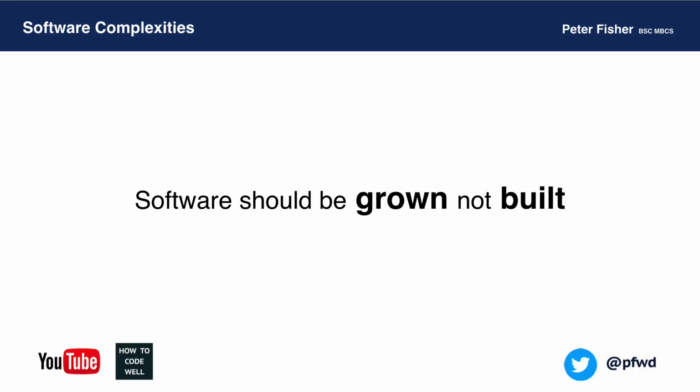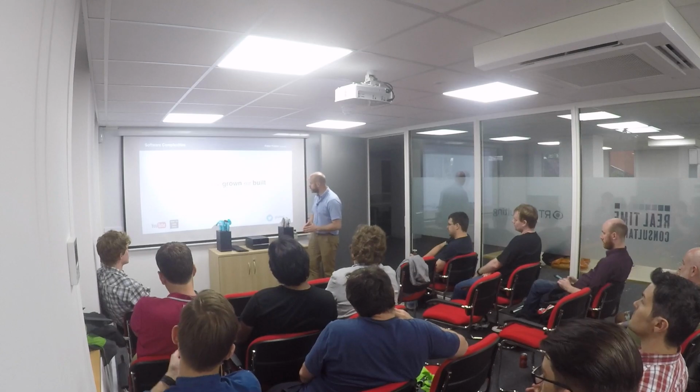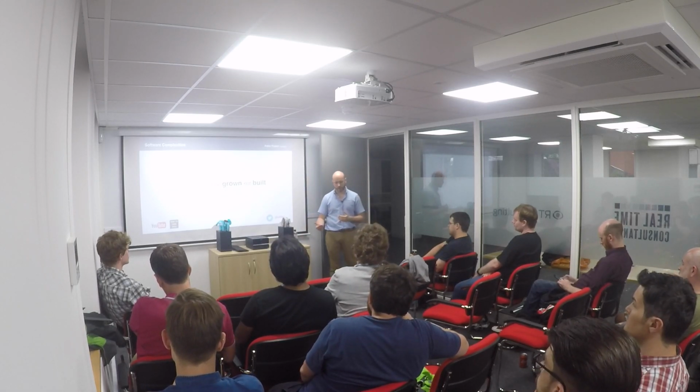And so this is kind of my opinion that software should be grown and not built. And I go back to the car analogy where the car just comes off of a conveyor belt. You just build a car, and you build a car, and you basically set and forget it. Whereas with code, it's more, in my opinion, organic, it's fluid, it grows, it adapts to the ecosystem and the environment that you put it in.